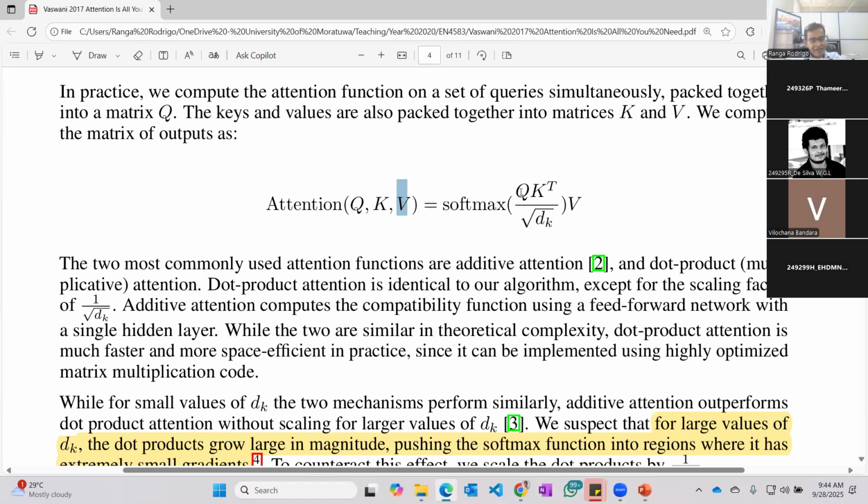You can see Q, K transpose. The query and the keys have been dot-producted, as we saw in the previous slide. And then that weighs the values, sort of applies a weighting on the values.